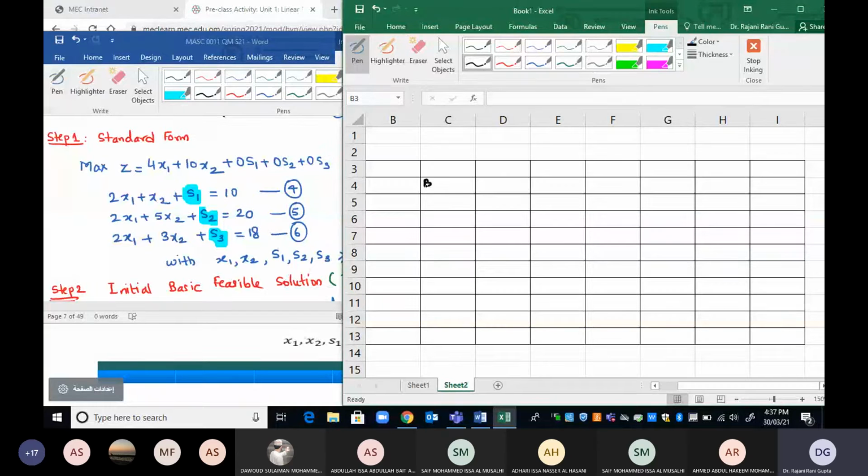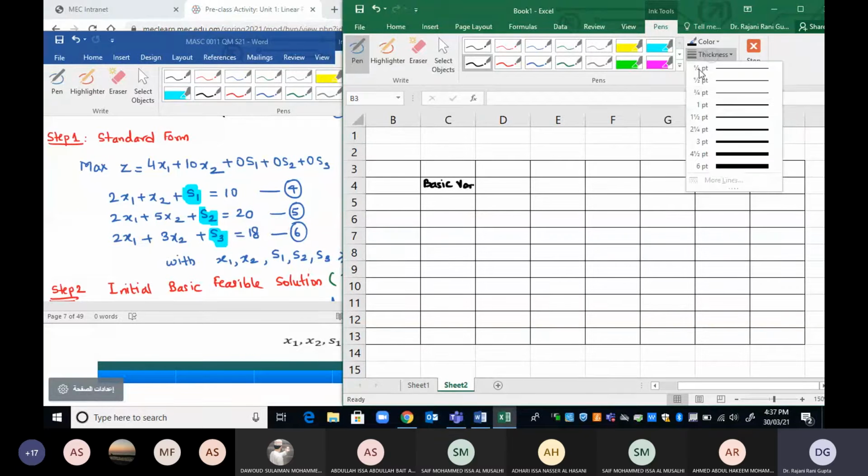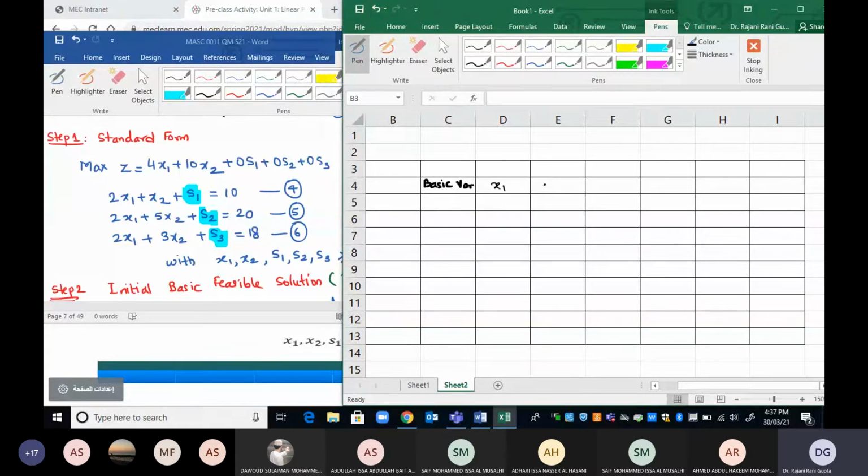I will write VAR for variable. Okay, X1, X2, and then we have S1, S2, S3. Then here, what are the basic variables? S1, S2, S3. The same we have to write here, S1, S2, S3. Then here we will write Cj.